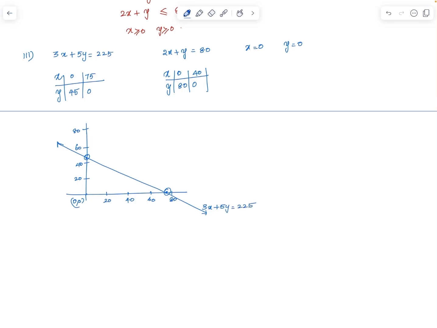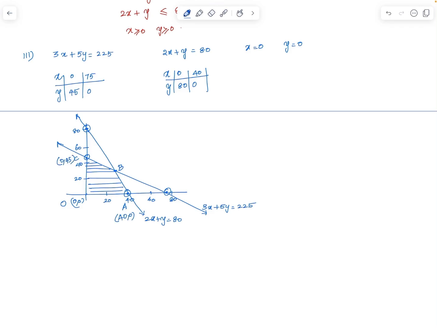The next one is 0, 80, then 40 comma 0. This line represents the equation 2x plus y equal to 80. The feasible region is this. The corner points can be named as O, which is the origin, 40 comma 0 is A, and we have to find the coordinates for B, and C is 0 comma 45.